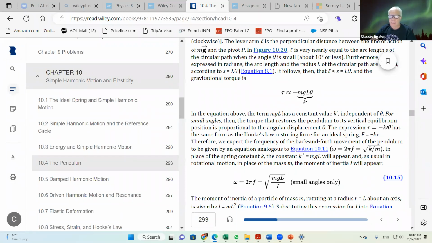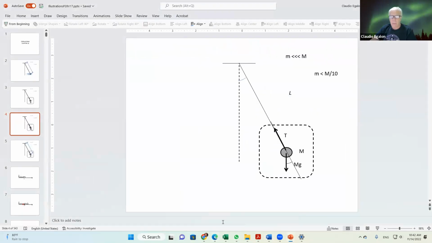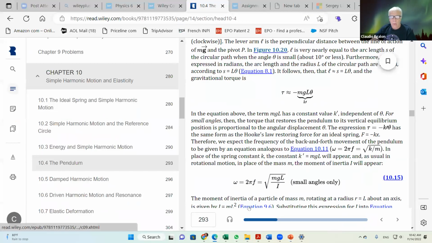Not only that, but if you write the angular acceleration in terms of I, we can equate this ratio to the omega: mgL over I with a square root there.